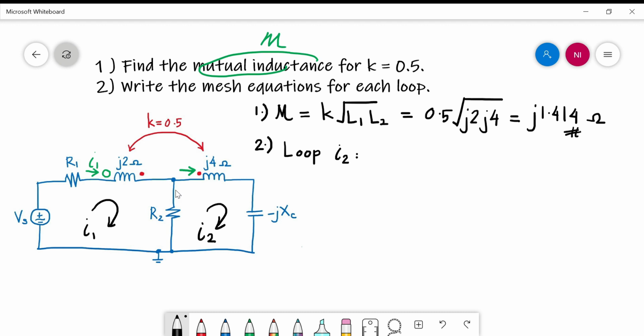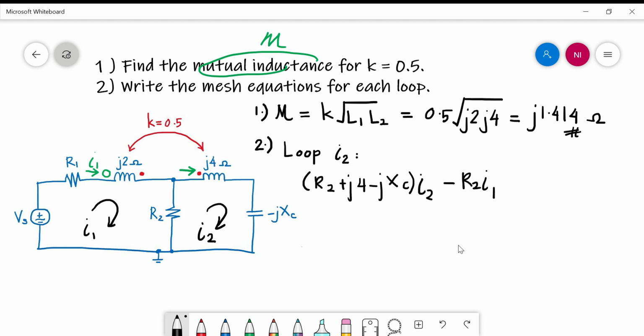Now let's write the mesh equation for loop I2. R2 plus j4 minus j at C, times the current I2, minus the neighbor term R2 I1. Now let's consider the coupling of j4 and j2. The voltage across here is also induced by the current I1.